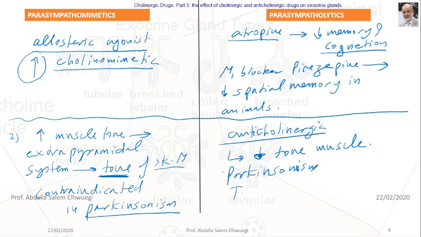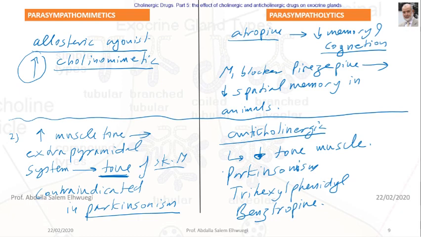Maybe the most famous example is trihexyphenidyl and benztropine. These are anticholinergic drugs which are used for treatment of Parkinsonism.